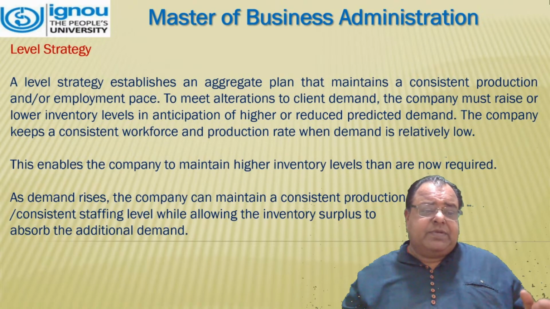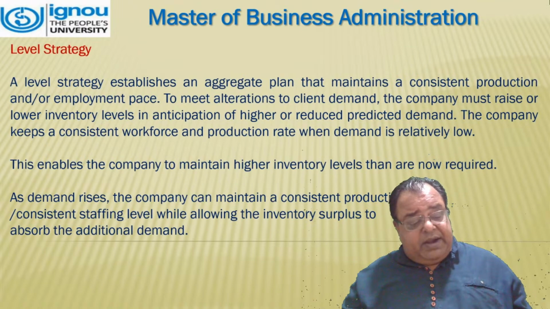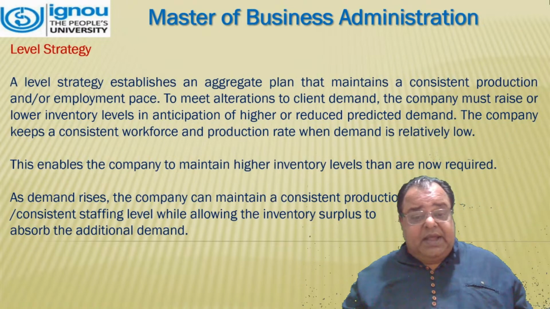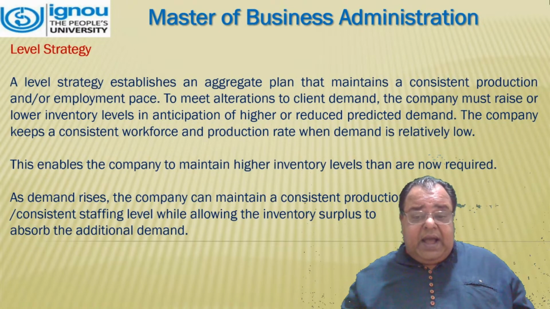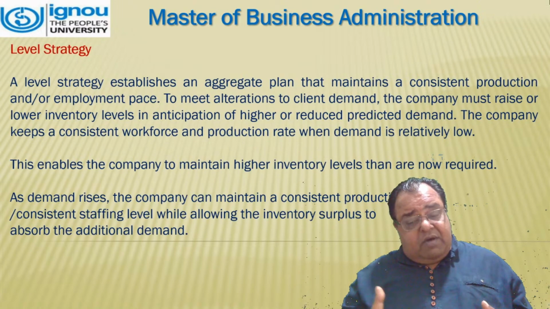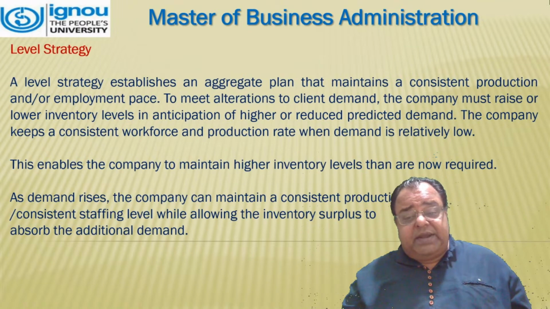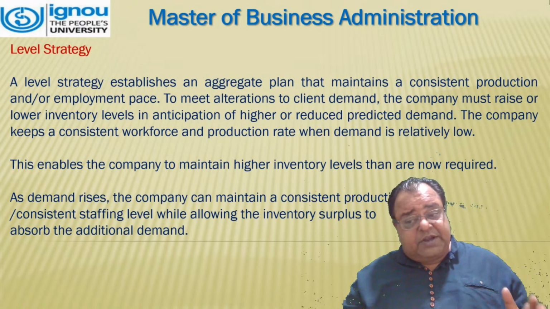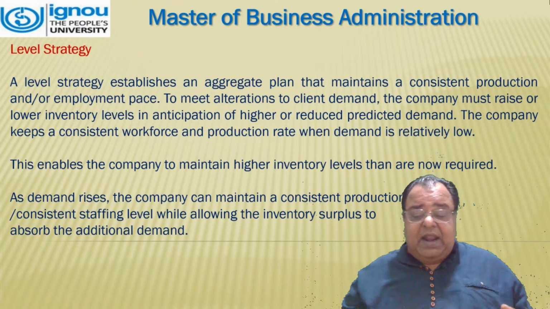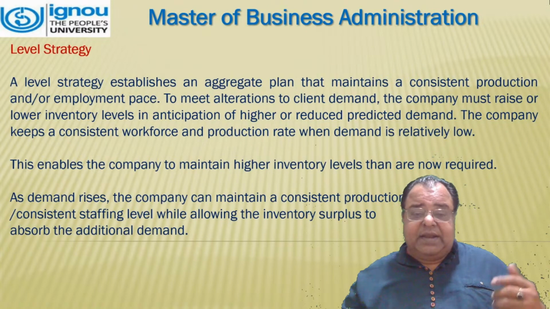The company keeps a consistent workforce and production rate when demand is relatively low. This enables the company to maintain higher inventory levels than are currently required. As demand rises, the company can maintain a consistent production rate or staffing level while allowing the inventory surplus to absorb the additional demand.